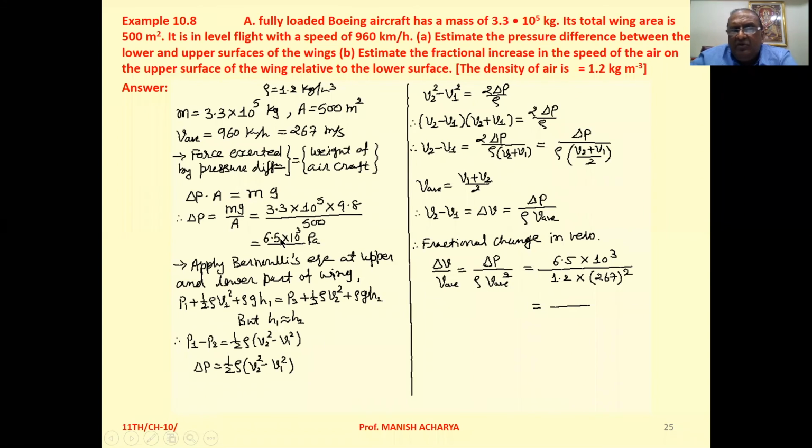Now delta P we already calculated as 6.5 × 10^3, rho is given as 1.2, and V average is given as 267 meters per second. Substitute and solve it, and you will get the fractional increase in the speed of air on the upper surface of the wing relative to the lower surface. Clear to all of you?